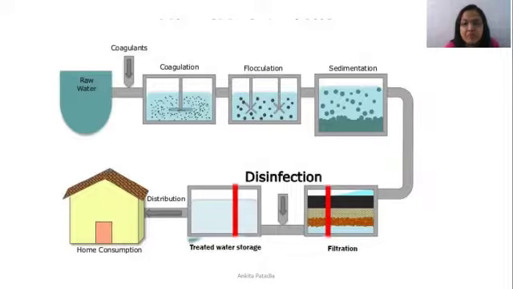Big particles will settle down as well as some fine particles. After that, the water goes through the filtration process. Filter type depends on the contamination of the water. After filtration, disinfection is carried out and then water is stored, and after storing, it is distributed for domestic purposes.